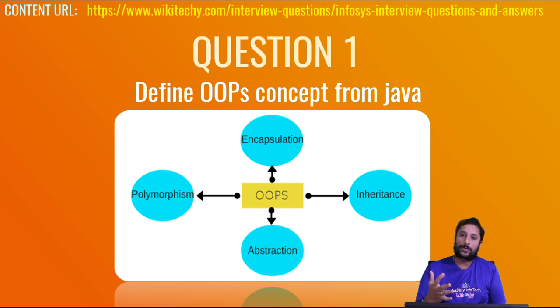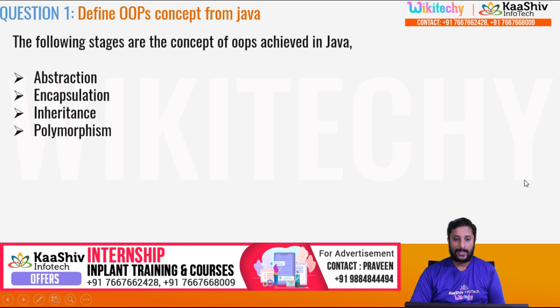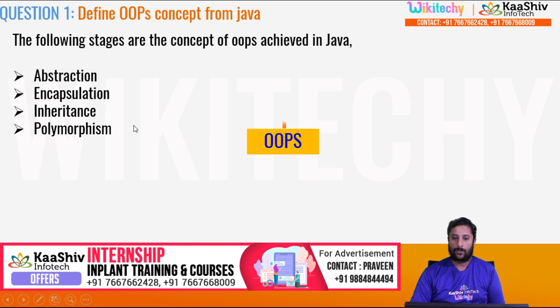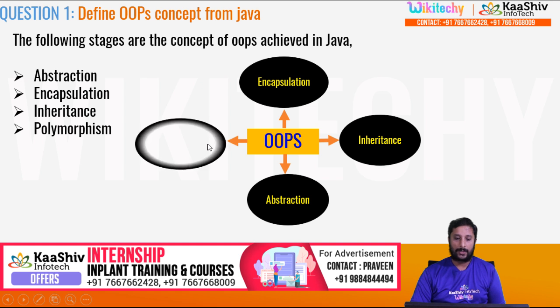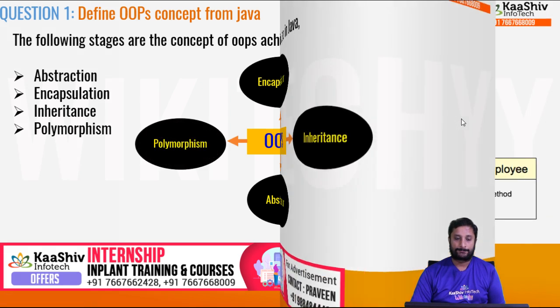The basic object-oriented programming concepts are encapsulation, covering up of data like a capsule; polymorphism, in different formats; abstraction, defining the structure, not the exact definitions; and inheritance. These are the major areas. Let's move on to the explanation. These are the different stages of object-oriented programming: encapsulation, followed by inheritance, followed by abstraction, and finally polymorphism.